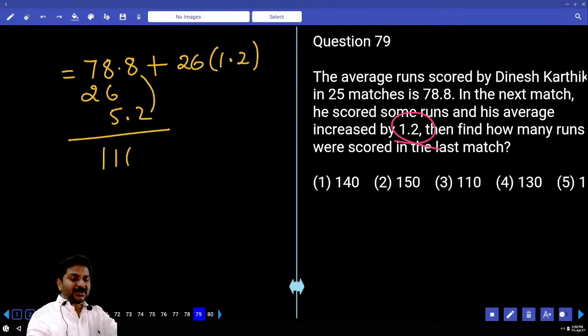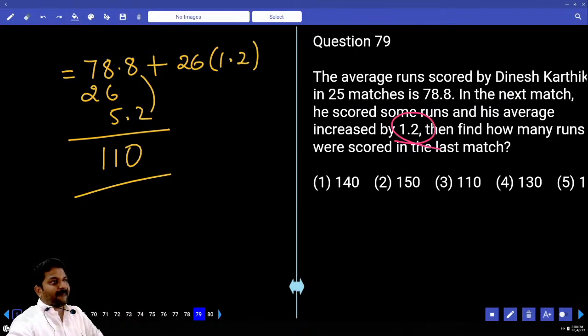So how many runs did he score? 110. Understood? Yes.